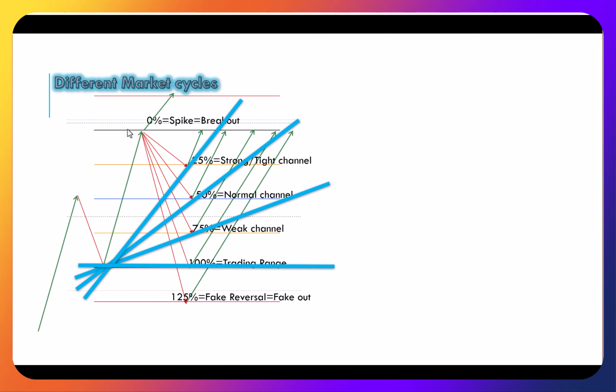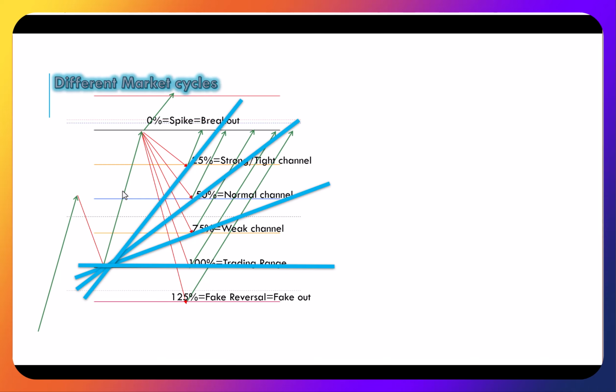In this spike phase, you can maybe enter by the close of the green candle here. But if it is like here and you enter by the close of the candle, your stop will be taken out, right?